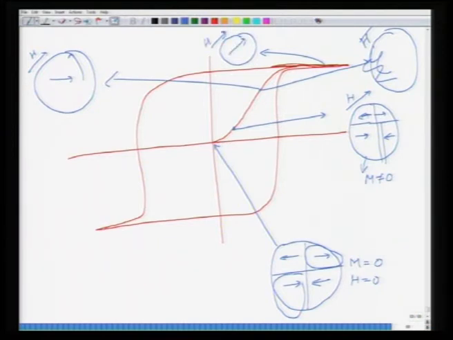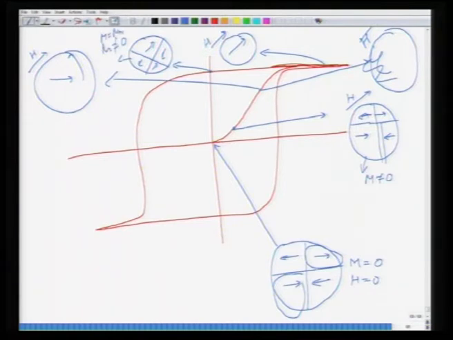So, this is how the domains move in these materials, and when you come to this point, then these favorably oriented domains remain, but some tend to flip back, because now the field intensity is changing. So, as a result you have some domains of other kind which are forming. So, you have M not equal to 0.